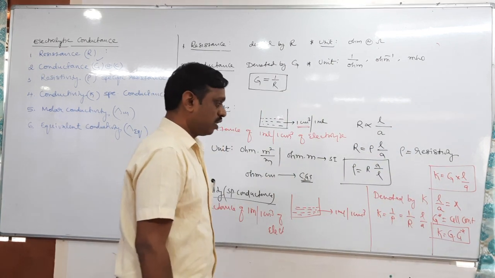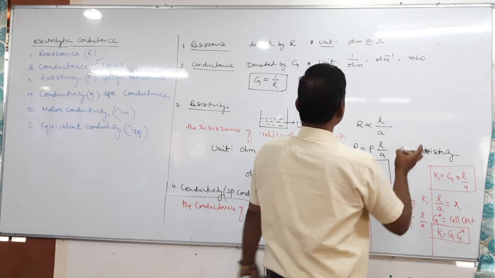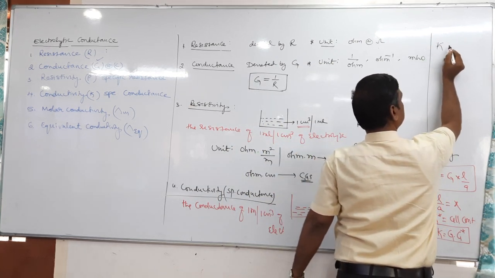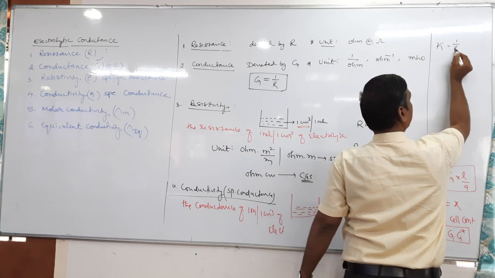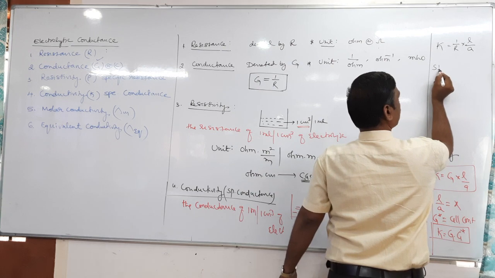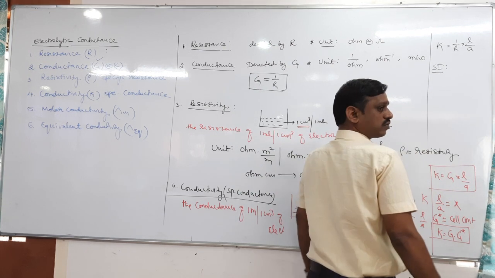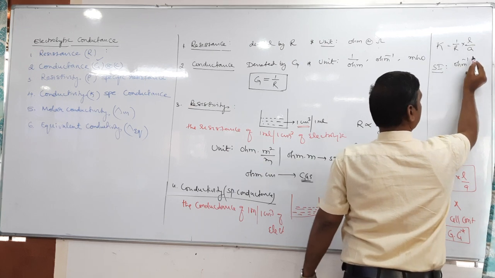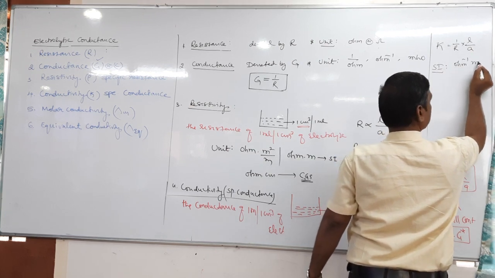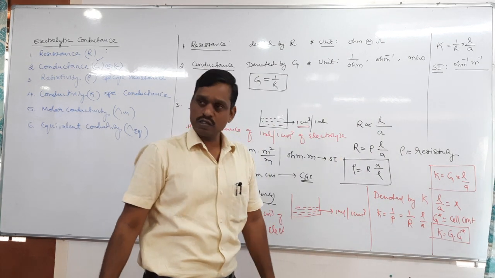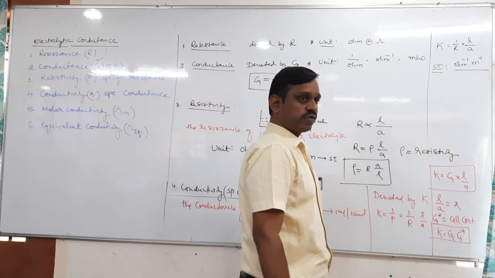Then what is the unit? Tell me, what is the unit of K? K equals 1 by R into L by A. What is the SI unit? It is ohm inverse per meter, that is meter square per meter. Important, previous CT question: ohm inverse meter inverse.